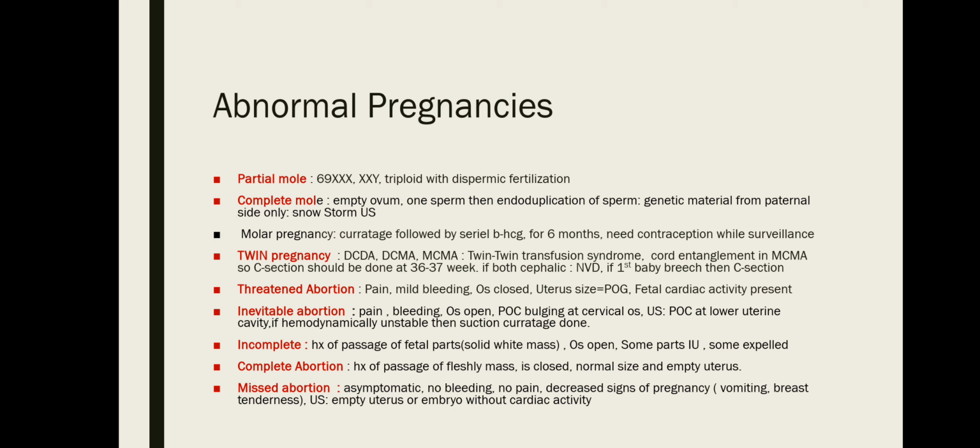And the complete mole is associated with choriocarcinoma, which can lead to lung metastasis. So we need to do a chest X-ray in case of a molar pregnancy if we are suspecting choriocarcinoma, to rule out metastasis. Alright. Then for the management of molar pregnancy, we do curettage and then we check serial beta HCG levels.